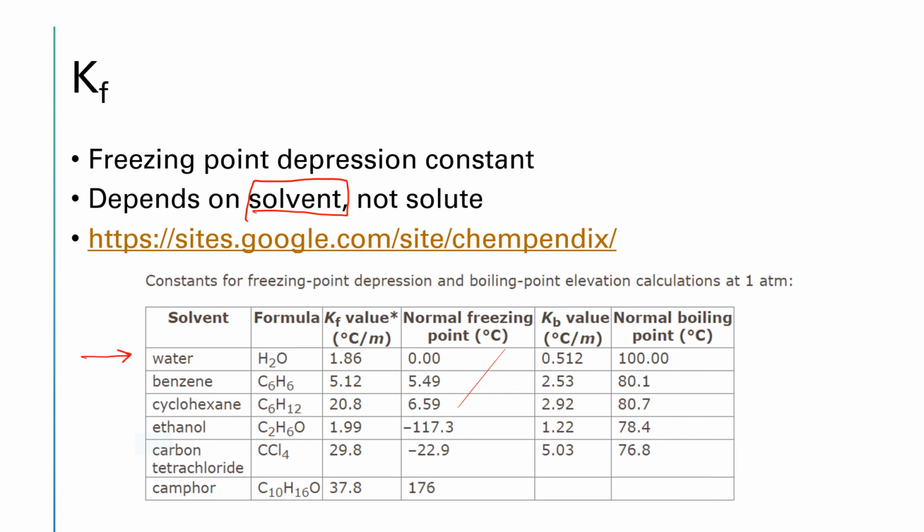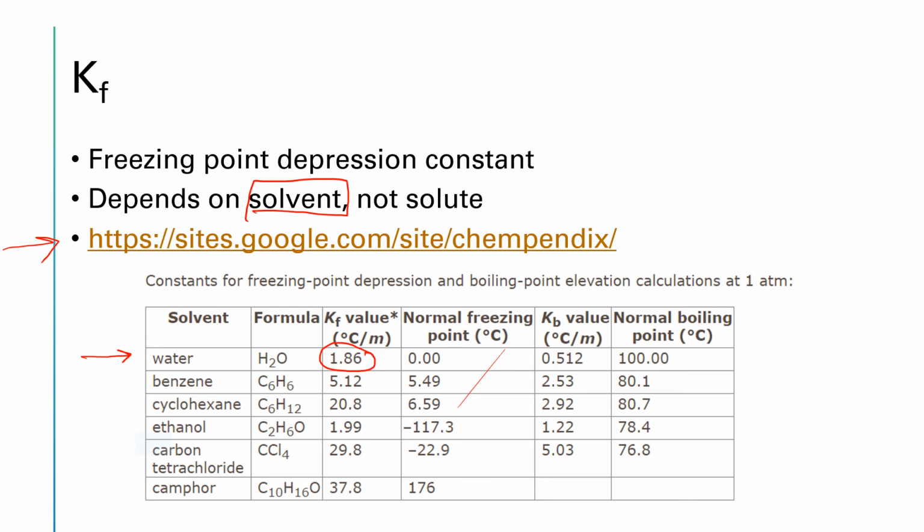This particular table I pulled out of Sapling Learning's Chempendix. The link for Sapling Learning's Chempendix is given here. So if you're working a problem with water and we're looking for the freezing point depression, the K sub F value is 1.86 degrees C per molal.